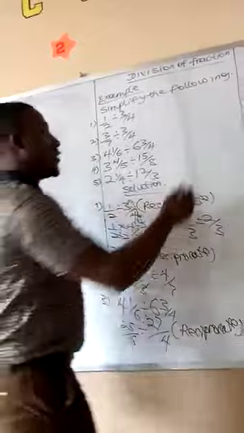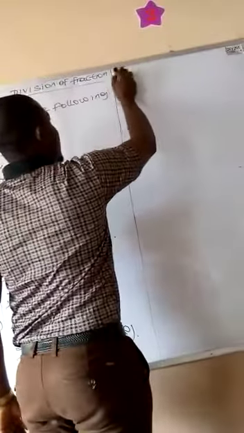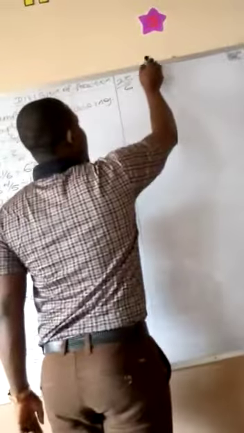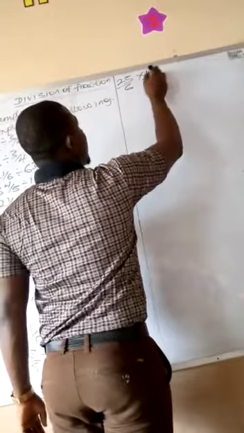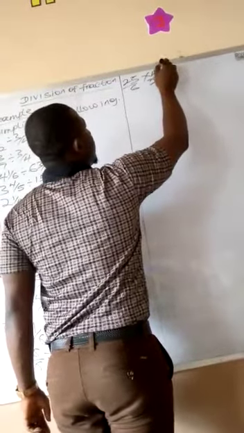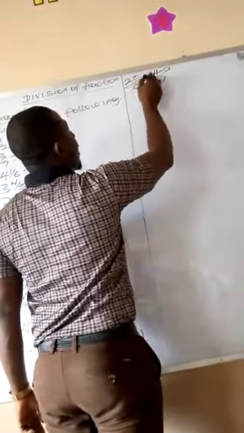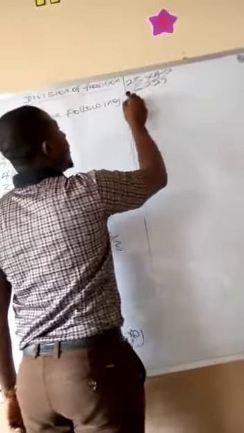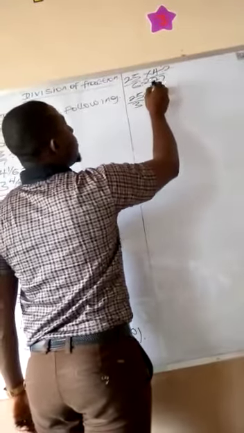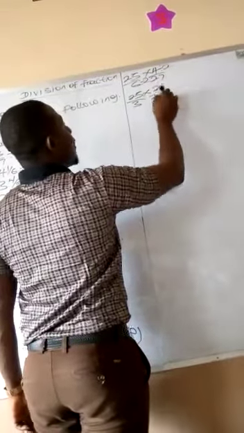Now when we reciprocate, we'll have 25 over 6 times 4 over 27. 2 can go into 4, 2 can go into 6. Then we'll have 25 over 3 times 2 over 27.